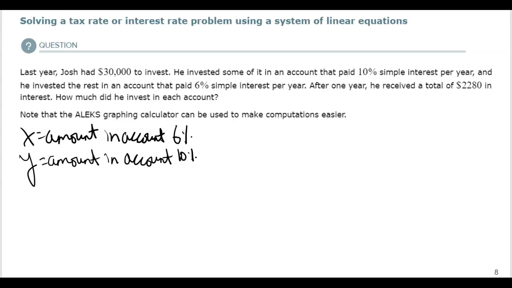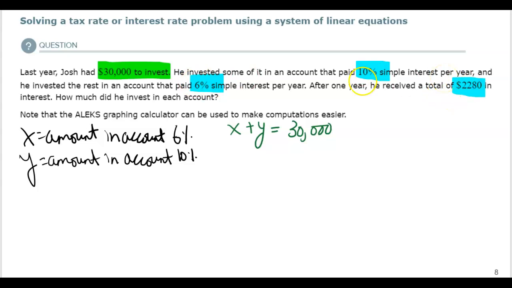So I'm going to write two equations. I'm going to write one equation just based off of how much he invested. So we know that the amount in each account has to add to 30,000. We also know he got 10% in one account, 6% in the other account, and that got a total of that amount.